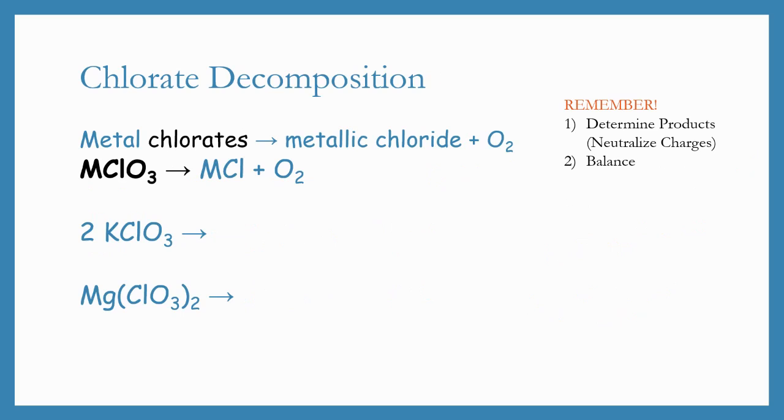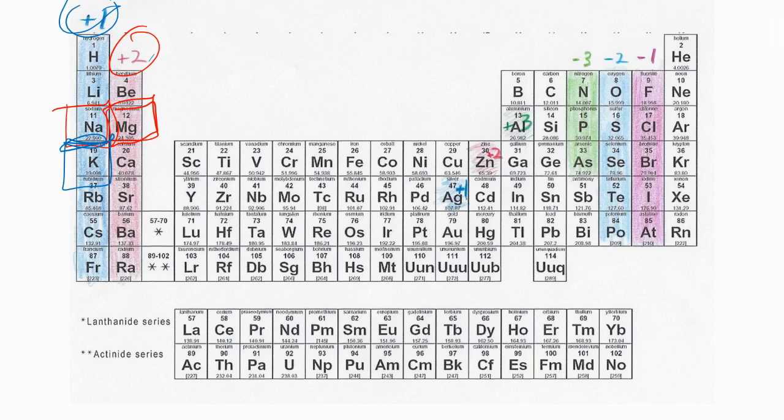All right, the last one is the chlorates. So again, remember, determine the products and neutralize charges. So the products for every chlorate is going to be the metal with the chlorine, and then O2. So potassium is in group 1, +1.